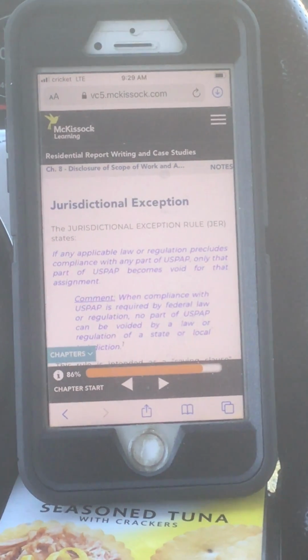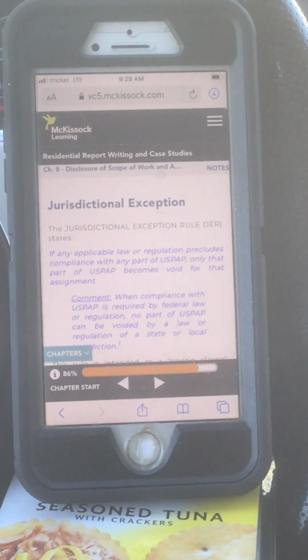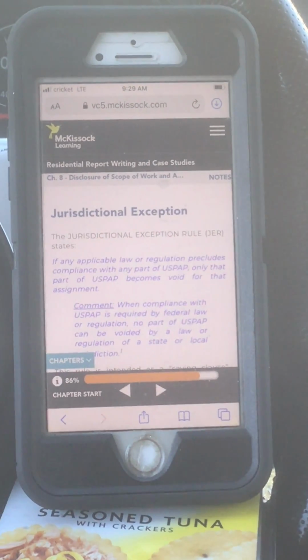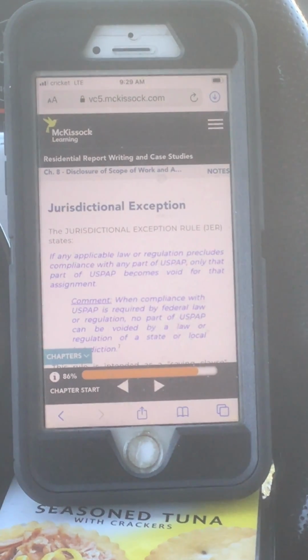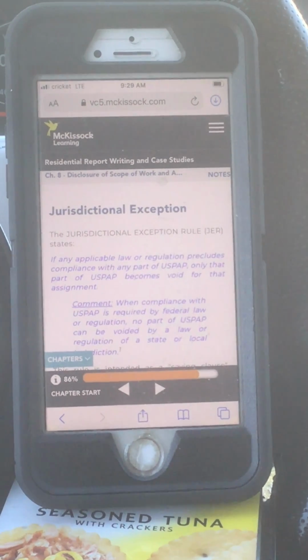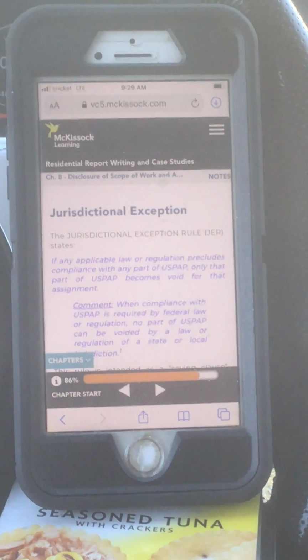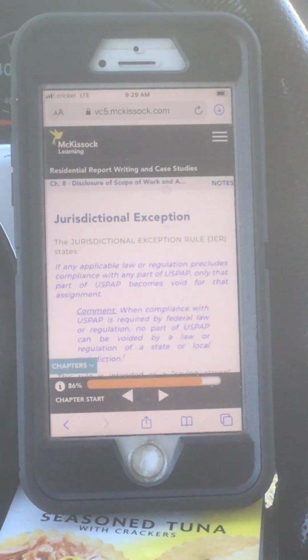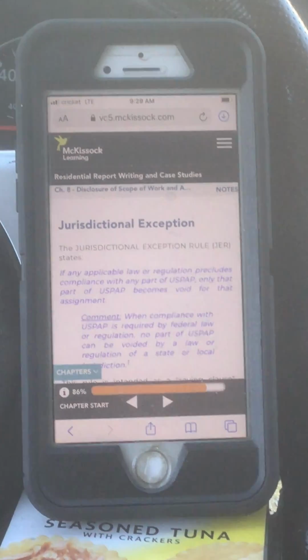Jurisdictional exemption. The jurisdictional exemption rule, JUR, states: if any applicable law or regulation precludes compliance with any part of USPAP, only that part of USPAP becomes void for that assignment.